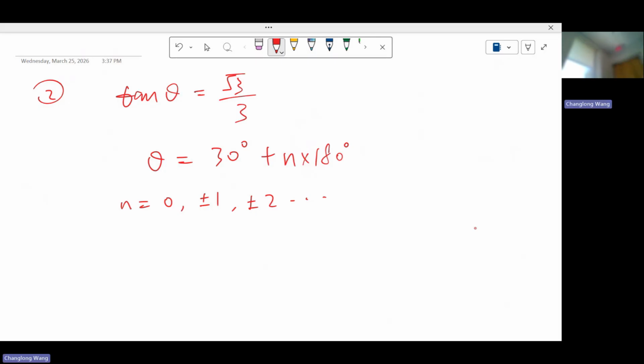Okay, now let's take a look at number 3. I'll put it together with number 2 because you will learn a lot by comparing these two examples. Let's say the angle is such that tangent theta will be negative radical 3/3. Guess what the angle has to be?